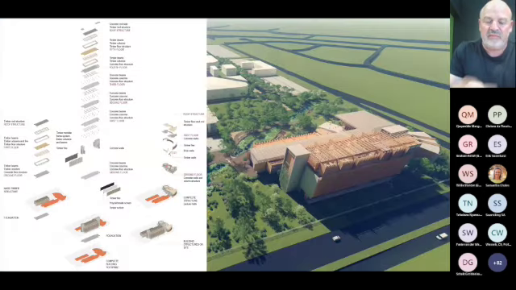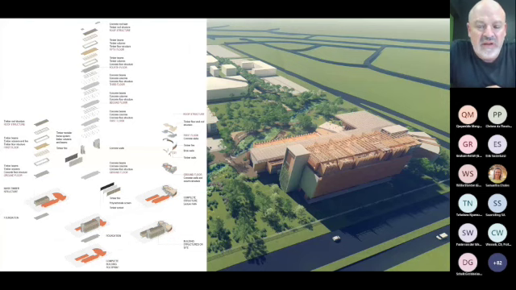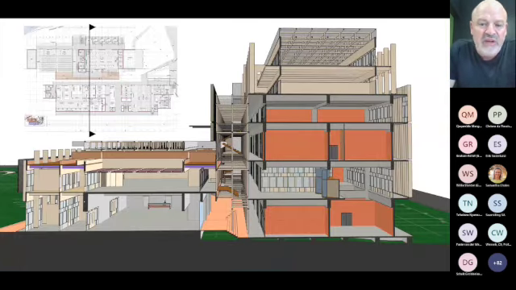This is just a picture of a project that we are busy with for the University of Zululand. Again, the BIM model and the BIM protocol helps us to understand these buildings, and we can really take them apart and put them together in a computer, and we can share it with our consultant team to make the building.